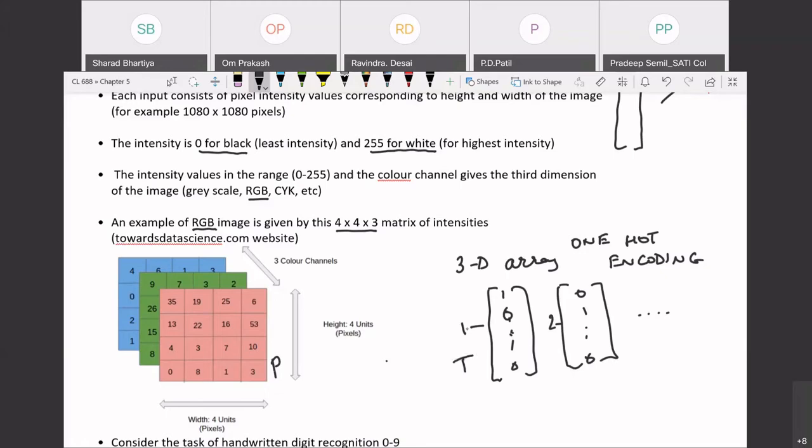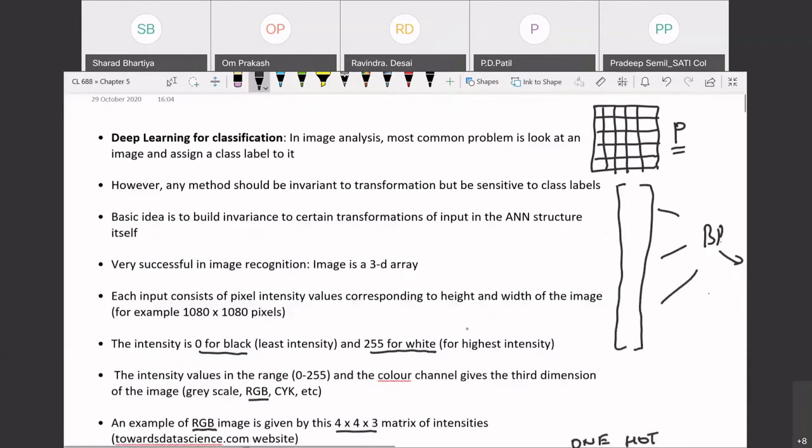If your P is a 2D or a 3D array, I can just put it in one very long vector and go ahead.